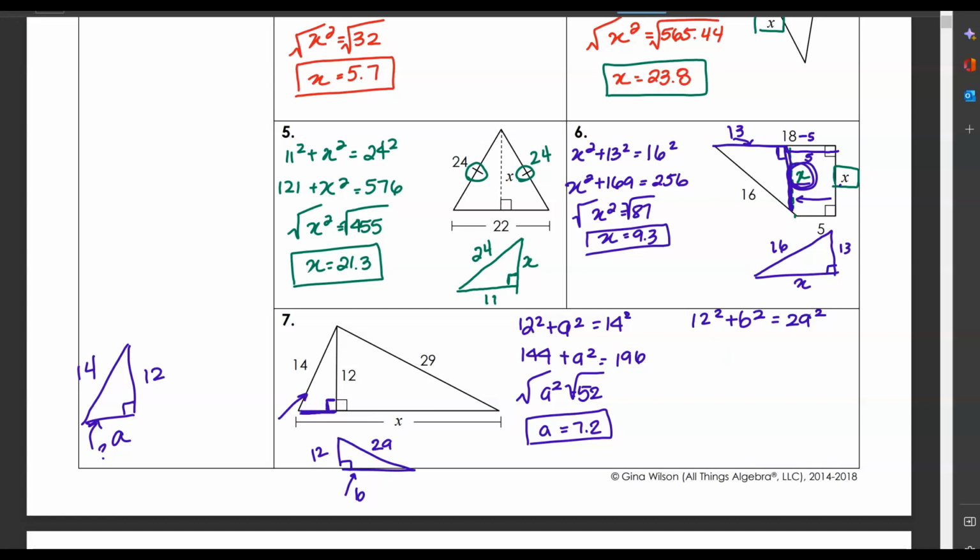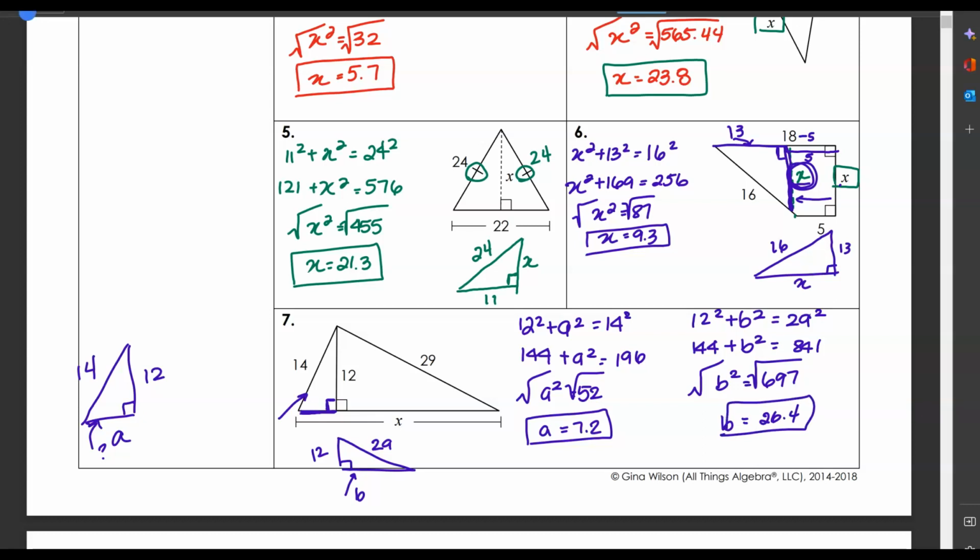And then I'm going to subtract those two. Let me actually just write that down. 841. So then I'm going to end up with B squared. I'm going to subtract 144 from 841, and I'm going to end up with 697. And we're going to take the square root of both sides. So we get B is equivalent to 26.4.